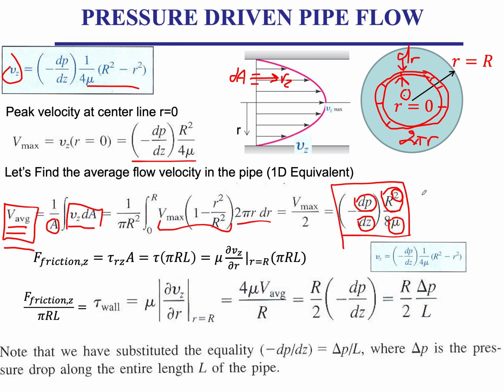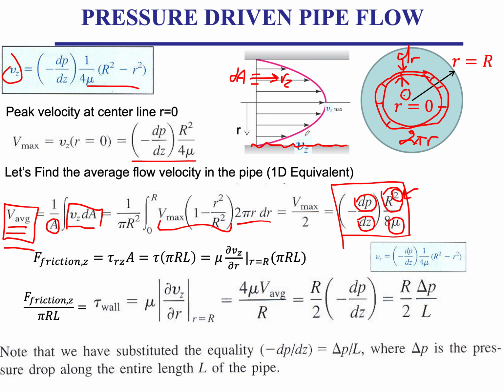So the radius is pretty much the more important parameter in this picture, because a slight change in radius, say a 20% increase in radius, will give you a 50% increase in average flow velocity, while a 20% increase in pressure will give you a 20% increase in flow velocity.